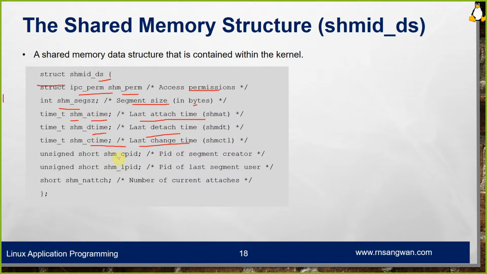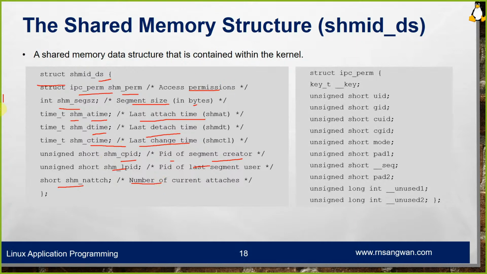Then unsigned short cpid, that is the PID of the segment creator, lpid, the PID of the last segment user, and shm_nattch, the number of current attaches for the same segment. These are the fields of this data structure, shmid_ds.